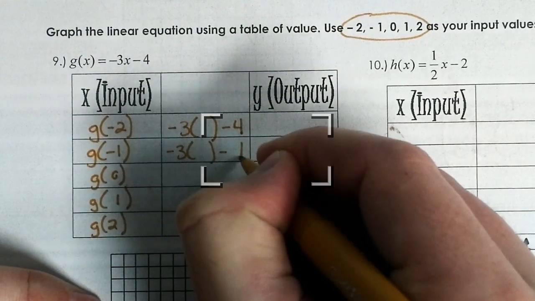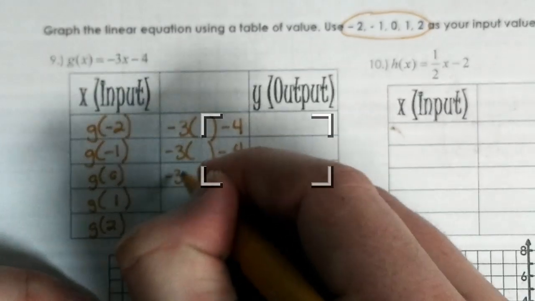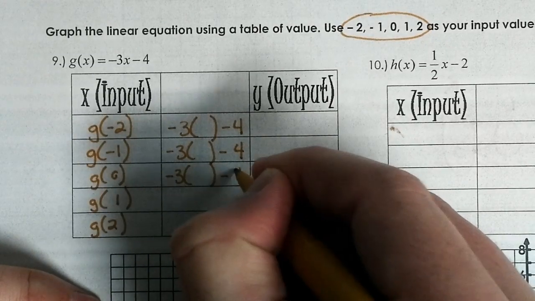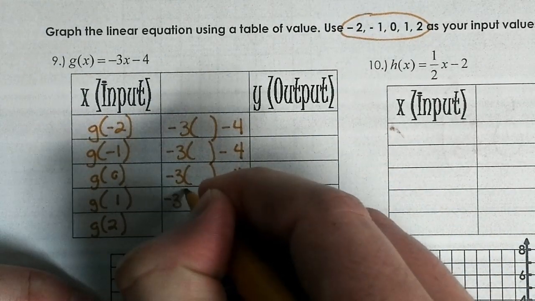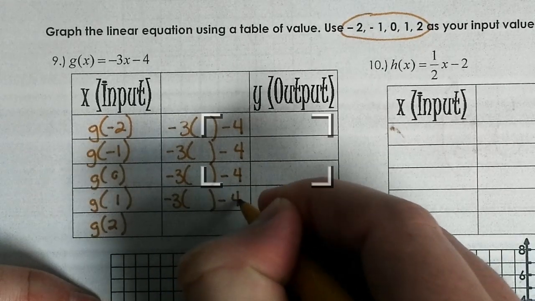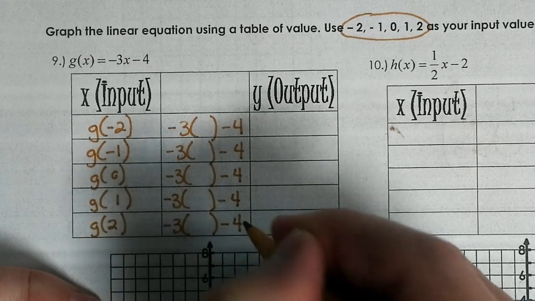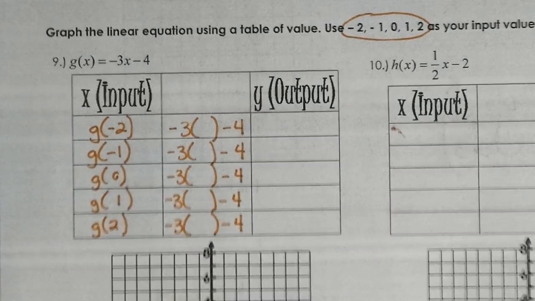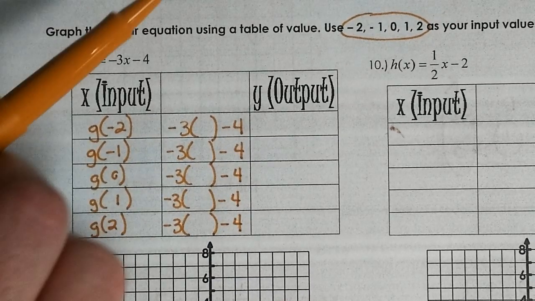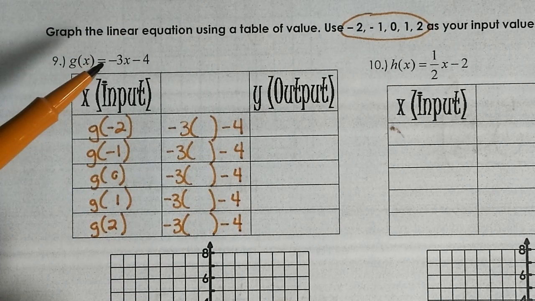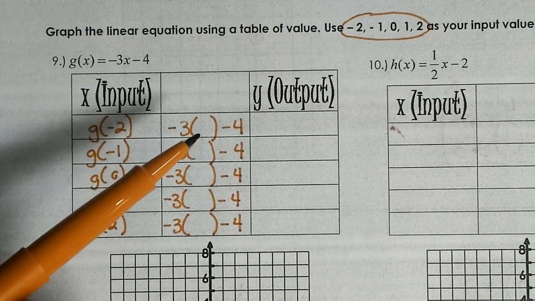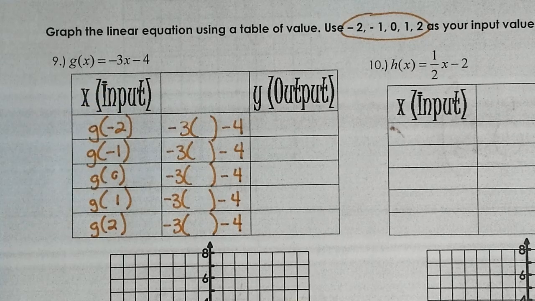And I'm going to do that 5 times. Notice I just rewrote my equation. -3x. Instead of x, I use parentheses minus 4.